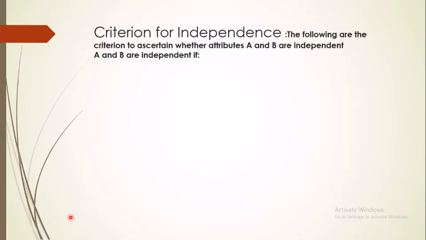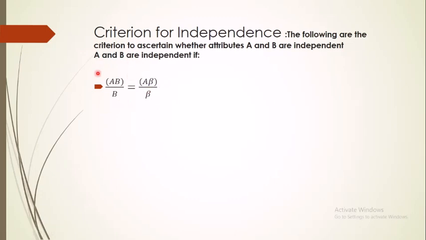Now, let's move on to another result, that is the criteria for independence. The following are the criteria to ascertain whether attributes A and B are independent. A and B are independent if AB divided by B is equal to A beta divided by beta.